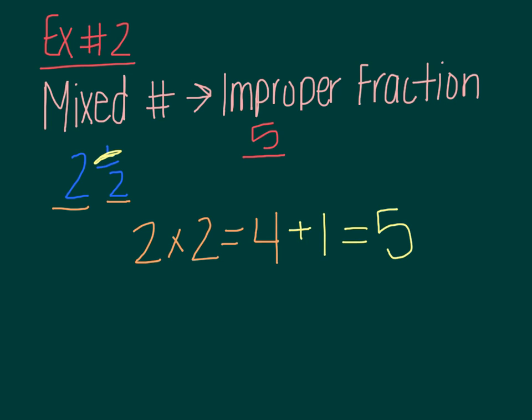And remember, denominator always stays the same, so I keep it as 2. So 5/2 is my improper fraction, 5/2.